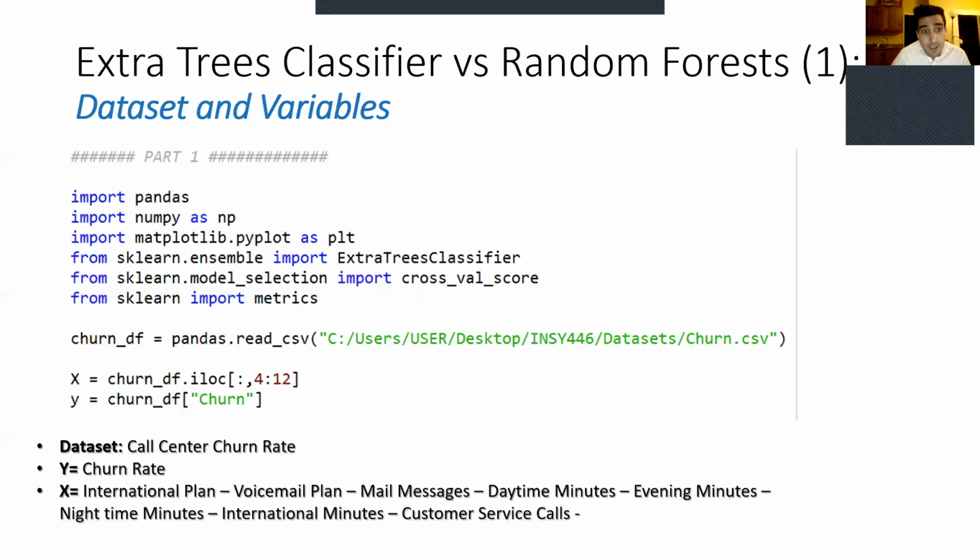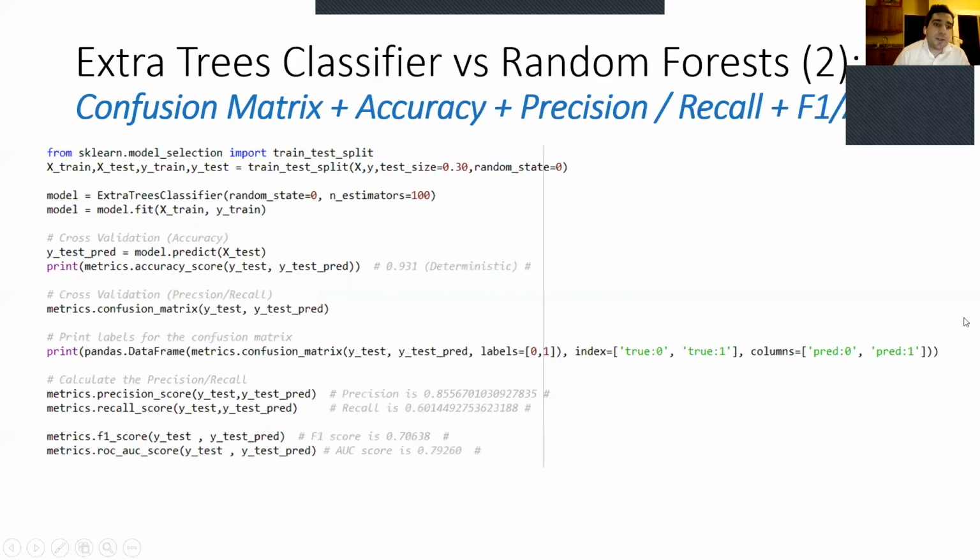As you can see, for this, we used from sklearn the package extra trees classifier. And as you can see in the next slide, the purpose was then to calculate the confusion matrix, accuracy, precision, recall, and the F1/AUC score. And to do that, what you see on the screen is the model for the extra trees classifier.